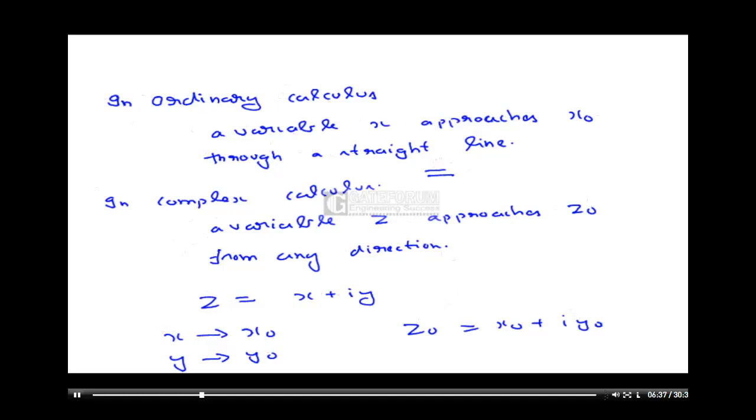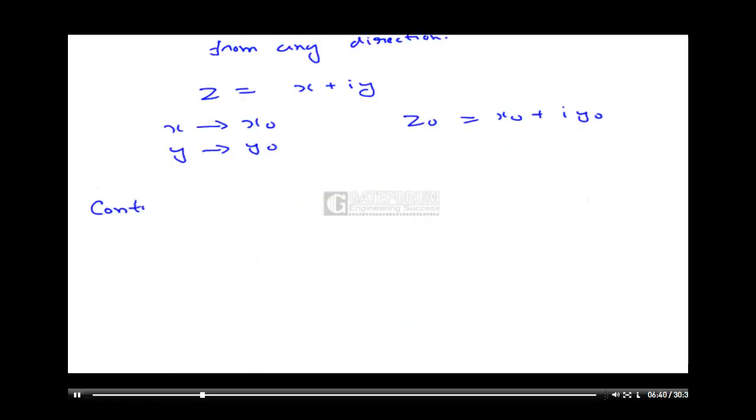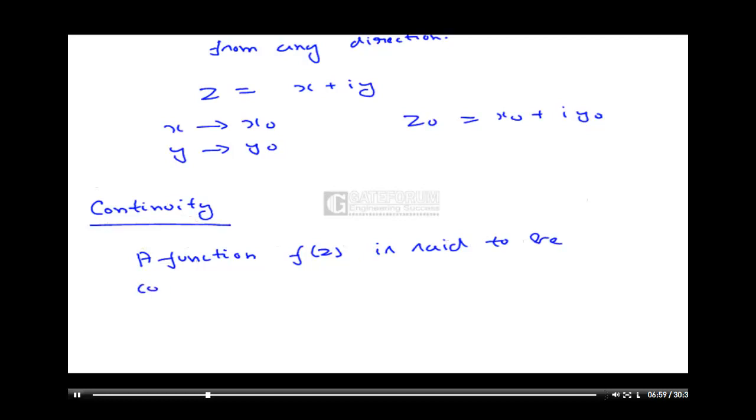next, this is the limit. Then the second one is continuity. Continuity, we can just say a function f(z) is said to be continuous at z equal to z naught if limit z tending to z naught of f(z) equals f(z naught).